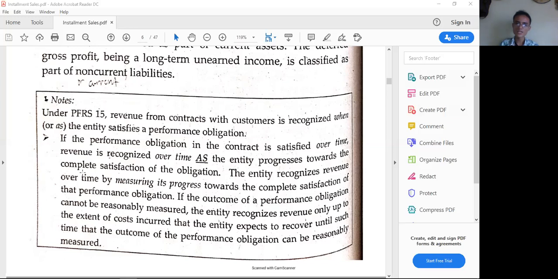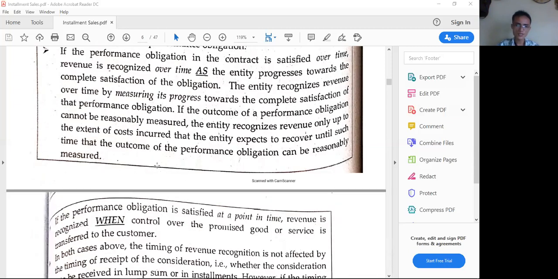And the fifth one is recognize the revenue as performance obligations are satisfied, either at a point in time or over time. So we are going to disregard PFRS 15 provisions because installment sales is applicable for long-term sales or contracts with reasonable uncertainty.